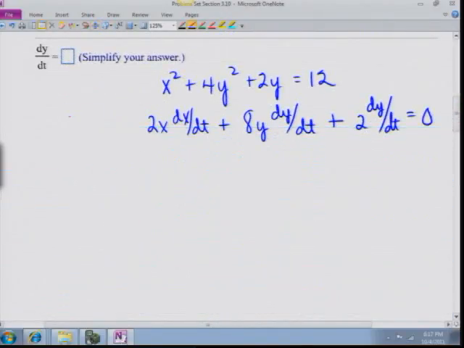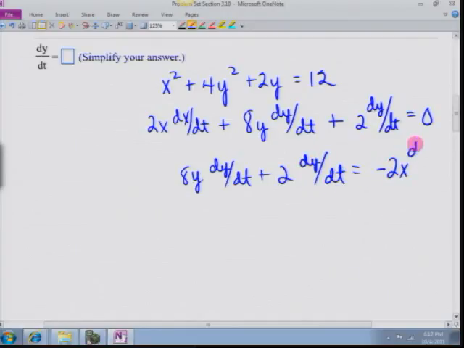All right, now what are we solving for? dy/dt. So we've got to isolate that. So how do we start that business? Yeah, let's subtract this one. So we got 8y dy/dt plus 2 dy/dt equals -2x dx/dt.